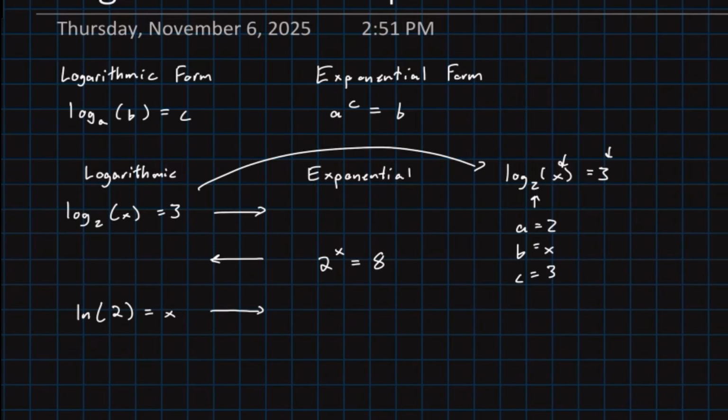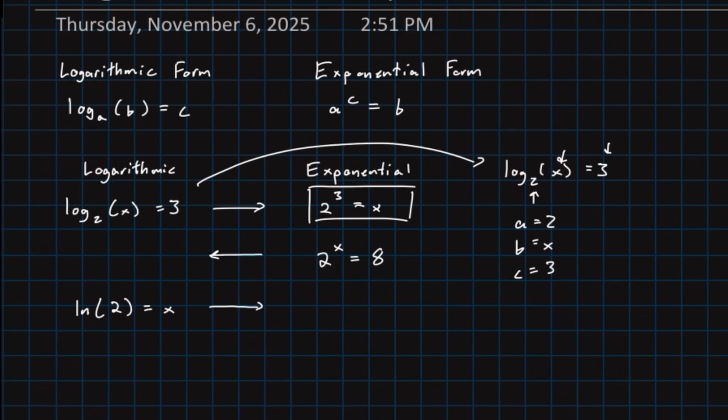Now we just want to rewrite this with our a, b, and c into the exponential form up here. So that means that we have 2 to the power of 3 is equal to x. And this would be our exponential form for the logarithmic form, log base 2 of x equals 3.